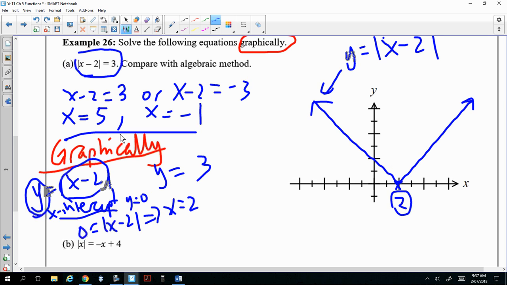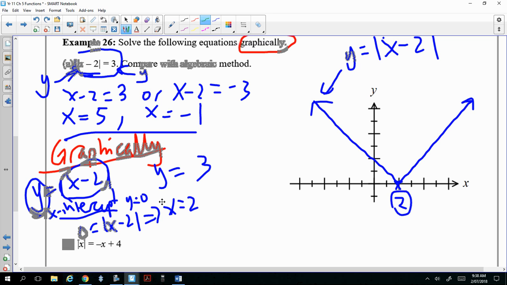And then we'll draw y equals 3. Y equals 3 is a horizontal line. So that's 2, that's 3. Draw a horizontal line.